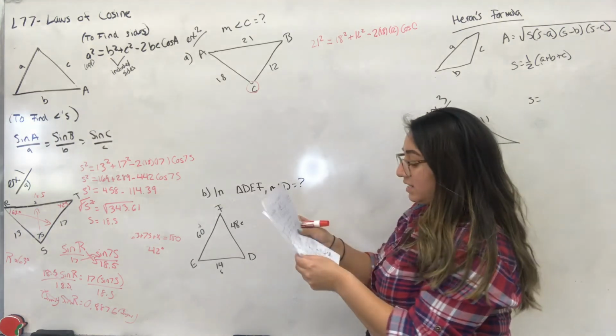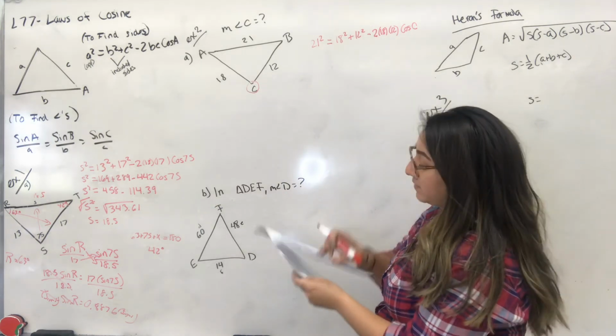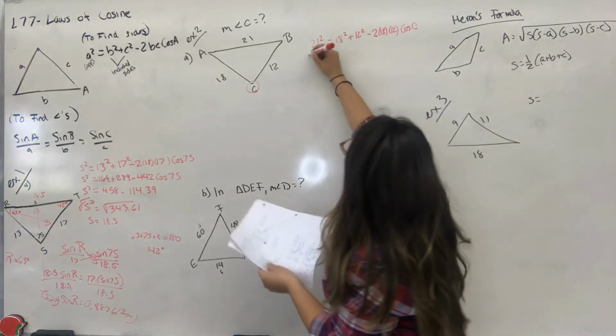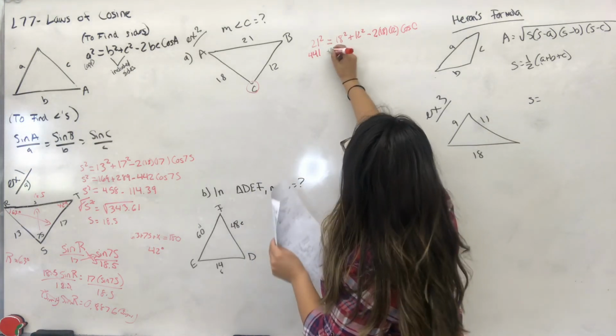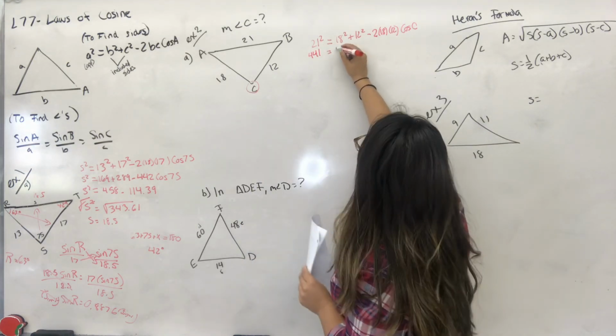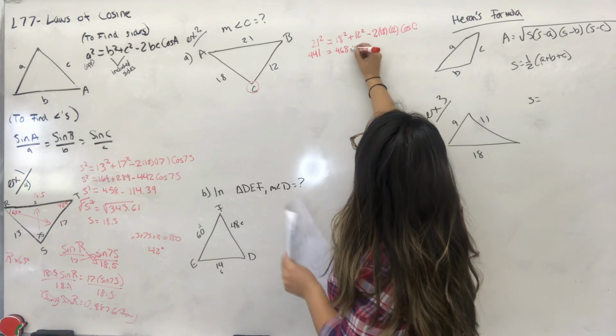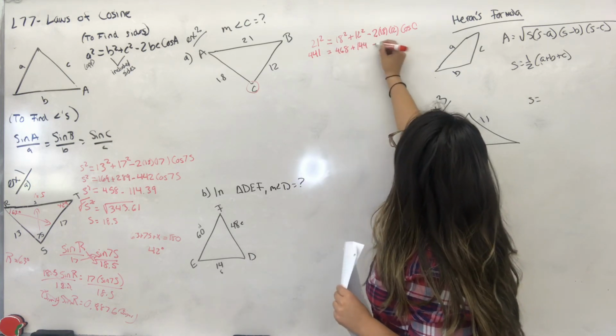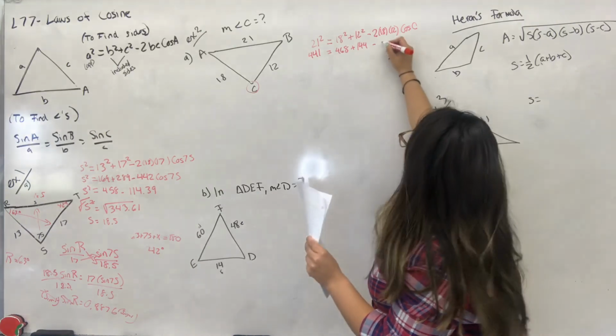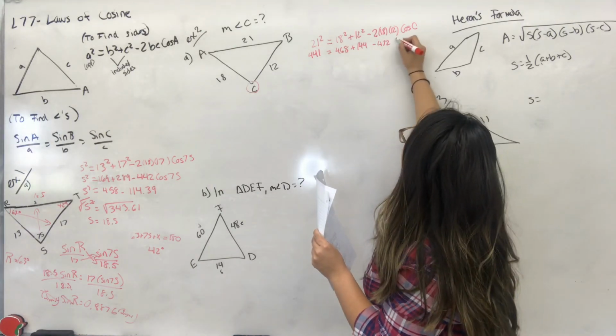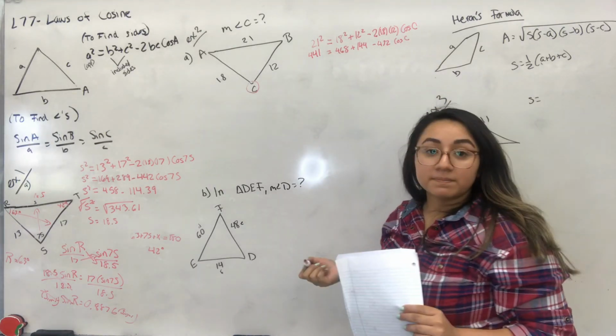Now, you go ahead and do it step by step to solve for them. 21 squared is 441, equals 18 squared is 324, 12 squared is 144, 2 times 18 times 12 is 432, cosine is just cosine of C.